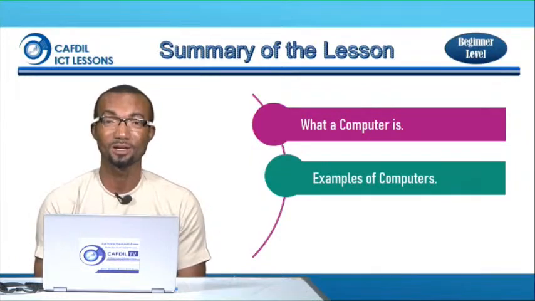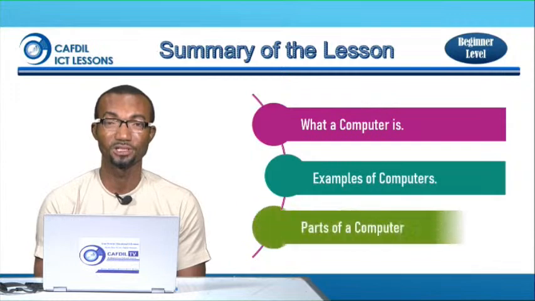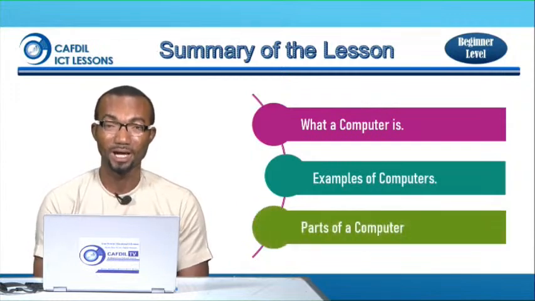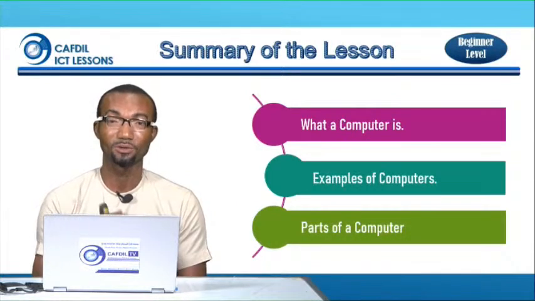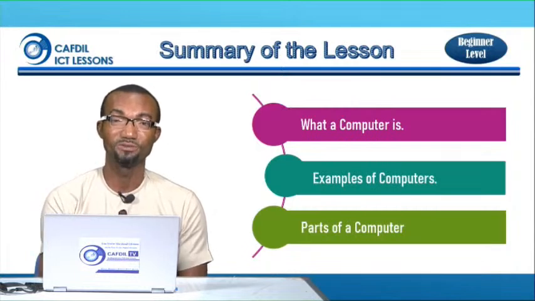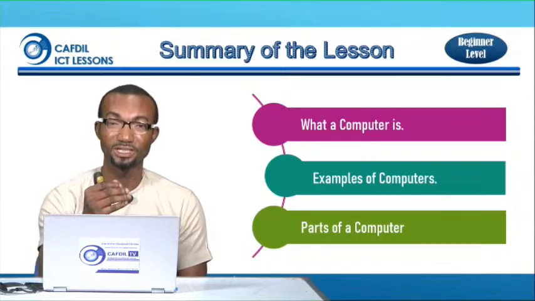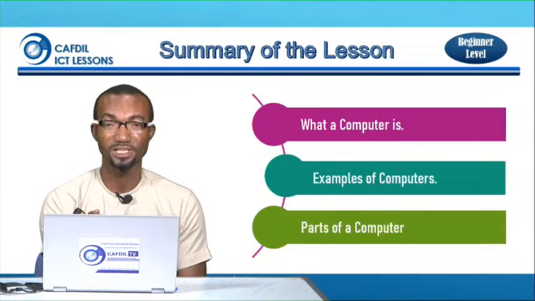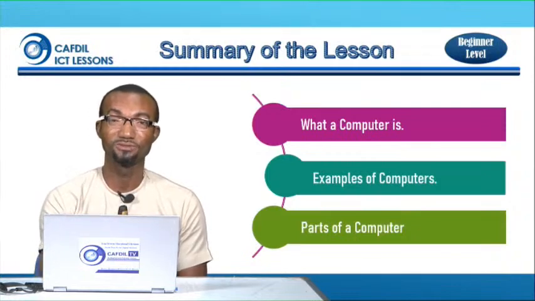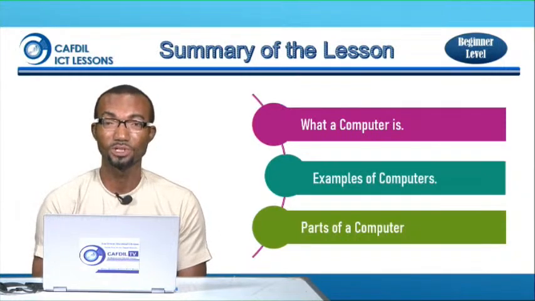And we also looked at the parts of a computer. The computer must have an input device that accepts and feeds data into the computer, a processing device, an output device, and a storage device and media.